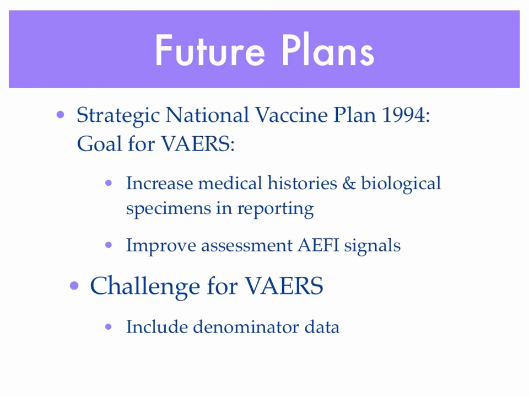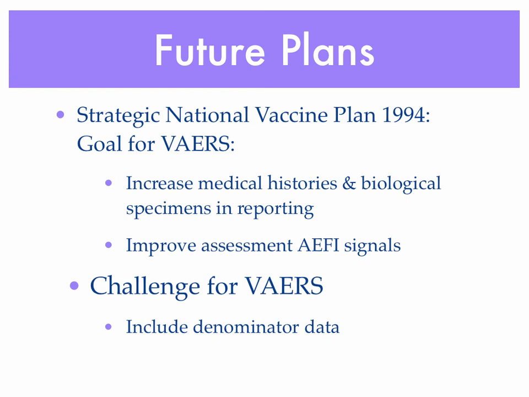Now let's talk about future plans for VAERS. I'm going to link this up with something that was called the Strategic National Vaccine Plan of 1994. The purpose of this plan was to promote achievement of a national vaccine program. They would provide strategic direction and promote coordinated action of the entities involved with vaccines.